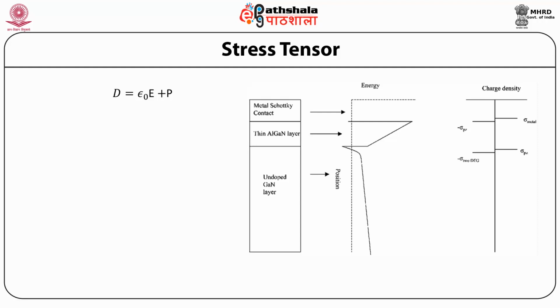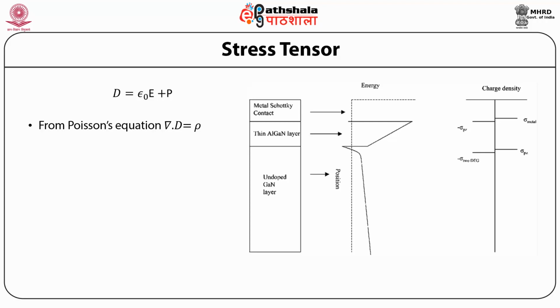So now one can define the electric displacement vector D, which is given by D equal to epsilon naught E plus P, where epsilon naught is the free space dielectric constant, and the D vector can be obtained from Poisson's equation, that is del dot D equal to rho, where rho is the charge concentration.